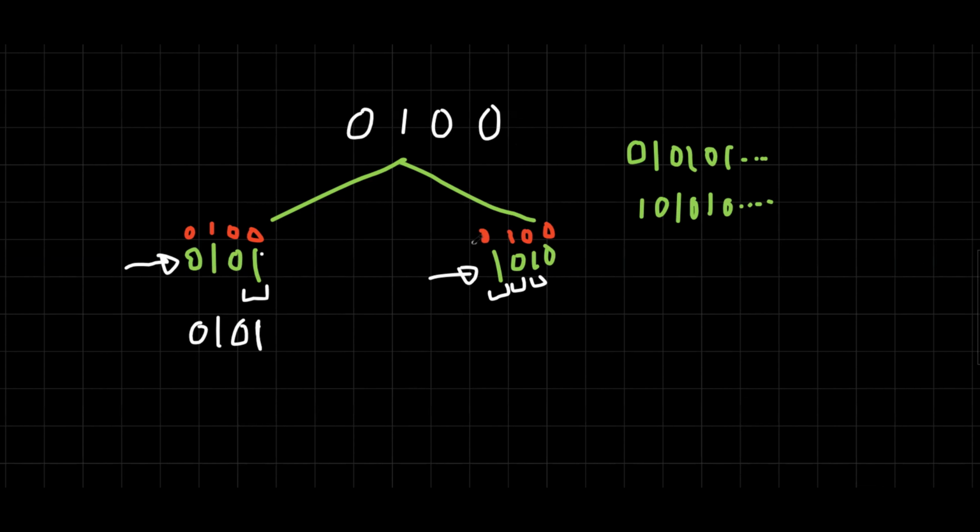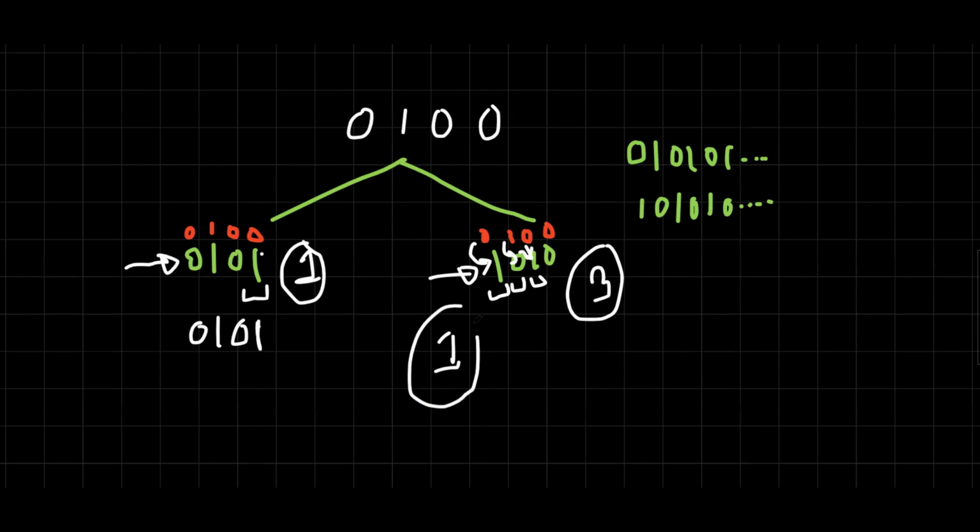Here we have to make the 0 become 1, the 1 become 0, and the 0 become 1. In this case we are changing one element, and in that case three elements. So what is the minimum of both of them? The minimum of 1 and 3 is 1, which is the respective answer.